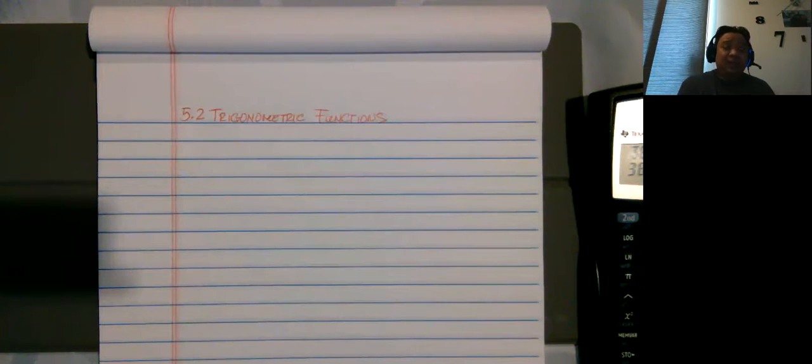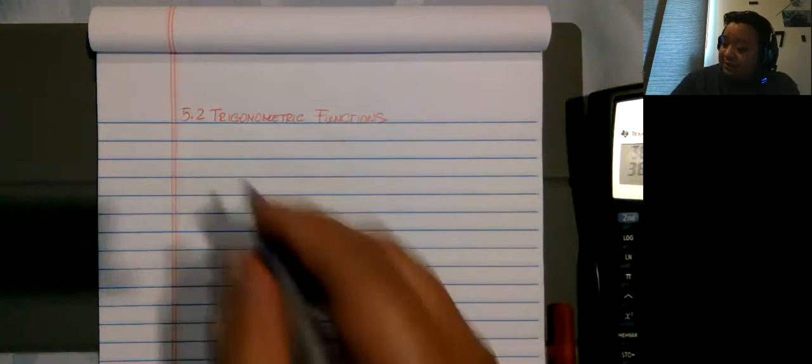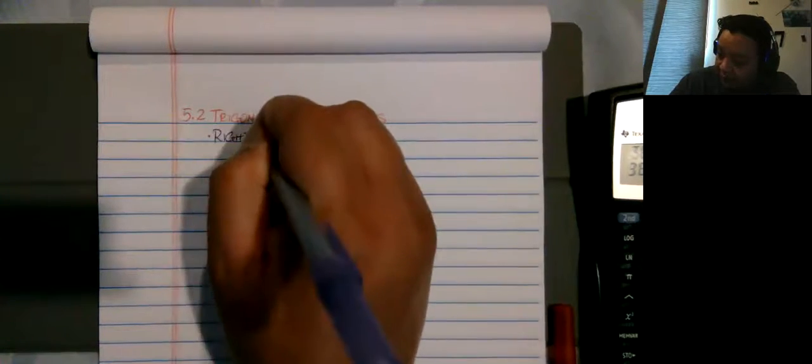Basically, your book uses an angle that is in standard position, and we'll do that as well. But the most basic way to define a trig function is using a right triangle. This is the one that's not in your textbook, the right triangle definition.